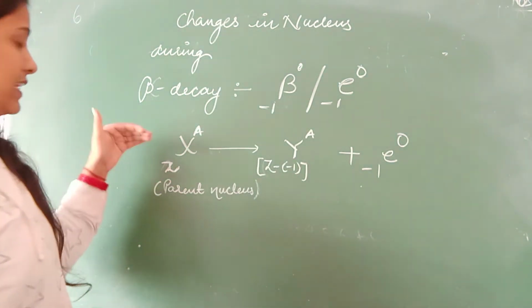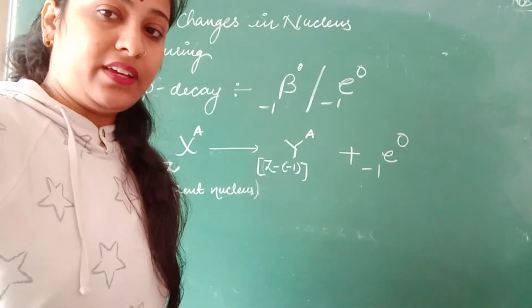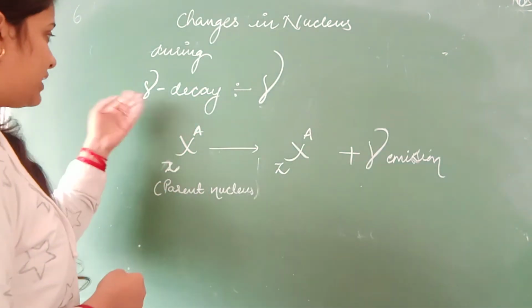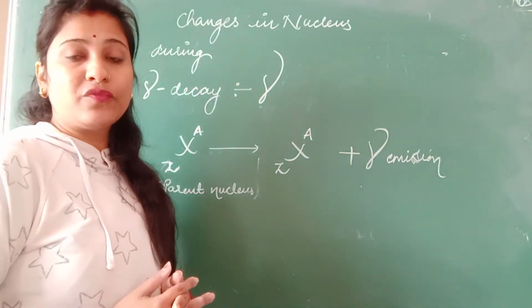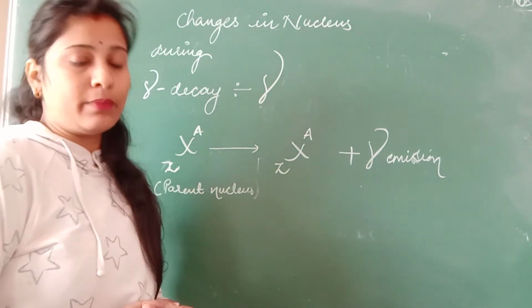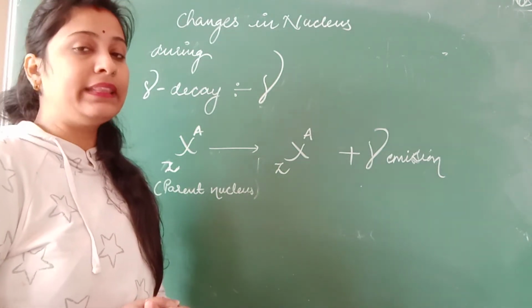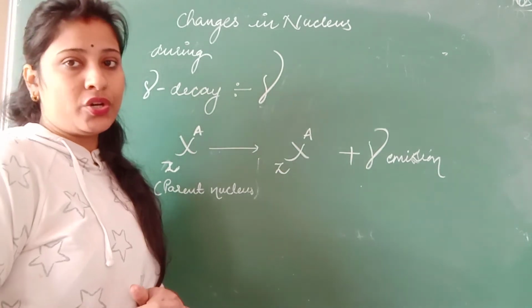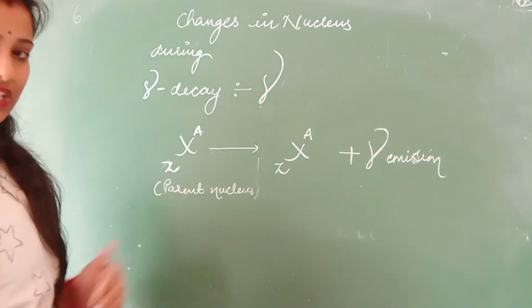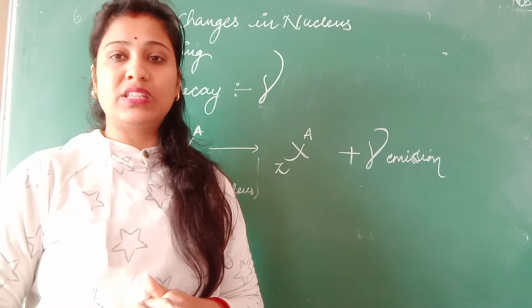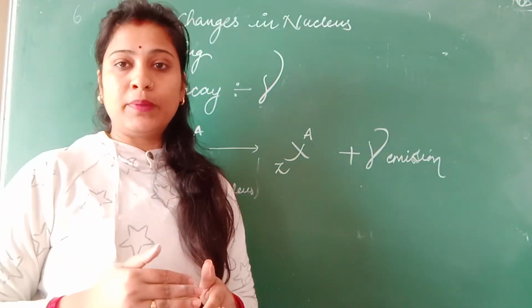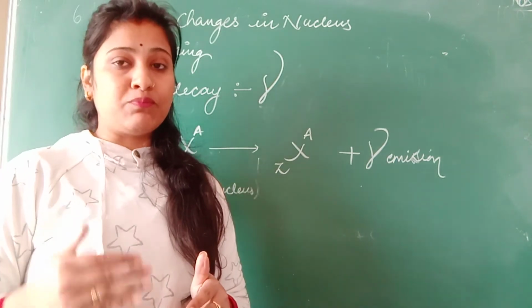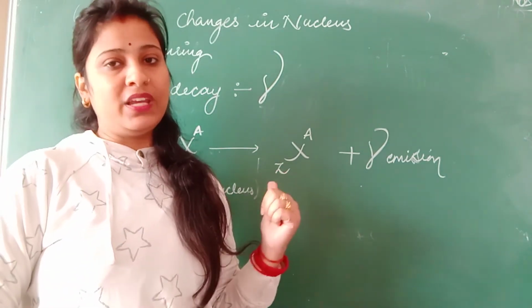Now let us deal with gamma decay. In alpha decay, we learned that the atomic number was reduced by 2 and the mass number was reduced by 4, and then we obtained our daughter or product nucleus. In beta emission, there was emission of 0 mass number, so there is no effect on the mass number, but we subtracted minus 1 from the parent atomic number.